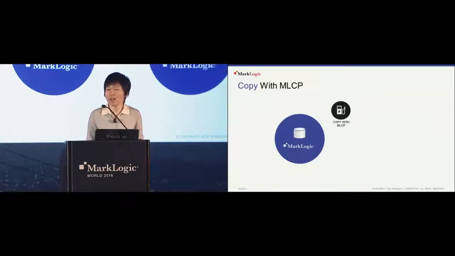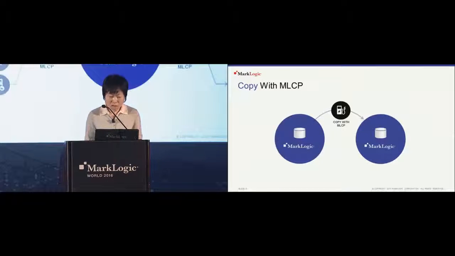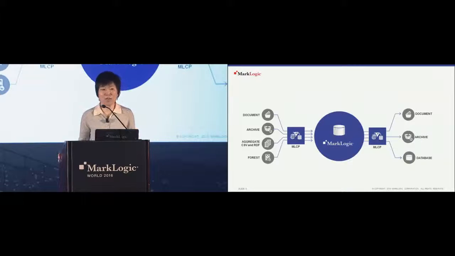You can also replicate data through the copy command. You get to choose what to copy. There are different ways to slice and dice it. And people find it useful for migrating from one platform to another or upgrade across different versions. So this is a consolidated view. So you can see MLCP on the way in and on the way out.